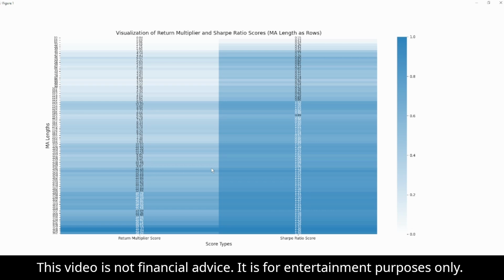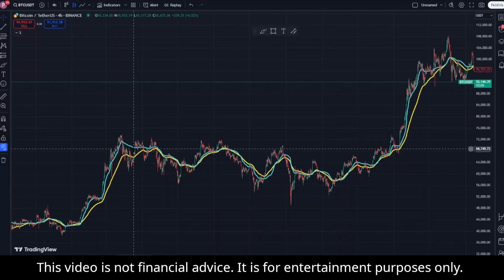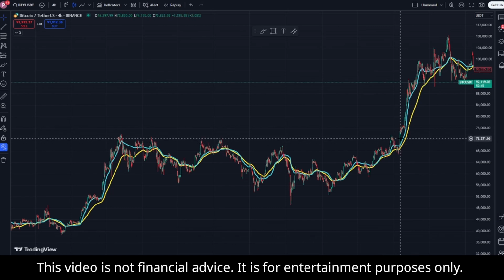But maybe I would like to explore another entry and exit rule, which is based this time on the slope of the Kaufman moving average. Because when the Kaufman moving average is about flat, as you can see here, we could choose not to trade in that range. And when the blue line starts trending, so when the slope is above a certain threshold, for example in here, we could start entering the long at that time only.